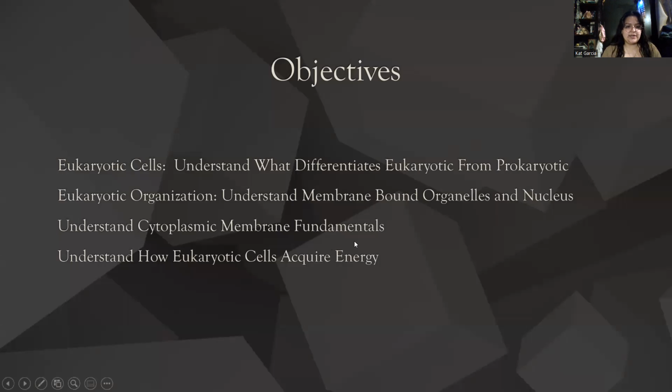Next, we will go into understanding the cytoplasmic membrane, which is what encases eukaryotic cells. And then we will finish up with understanding how eukaryotic cells acquire energy, which is necessary as fuel for the cell. And as I stated earlier, after these objectives are discussed, we will have applied research and exercises to review.